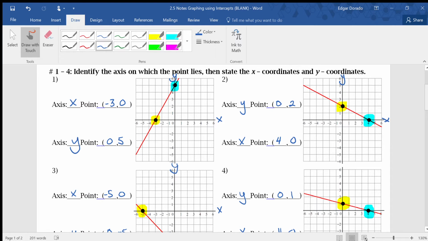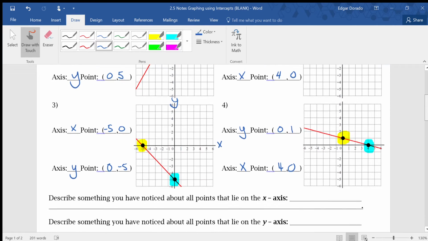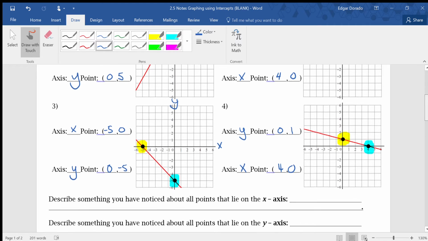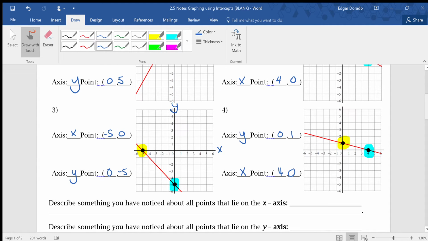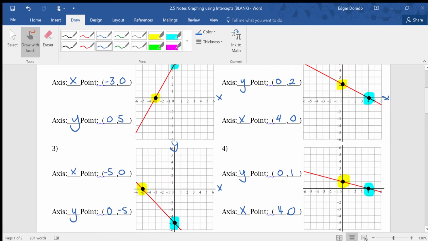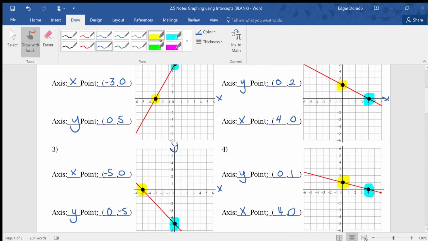So let's go ahead and see what we are being asked in this next part. It asks, describe something that you have noticed about all the points that lie on the x-axis. Okay, so I'm going to highlight with a green marker everything that's on the x-axis.